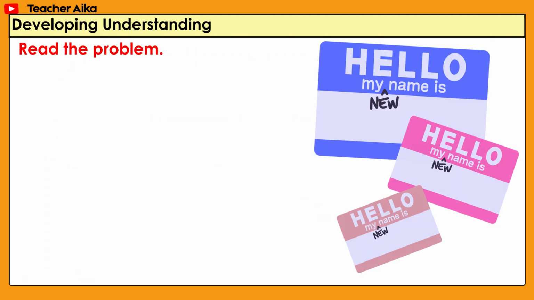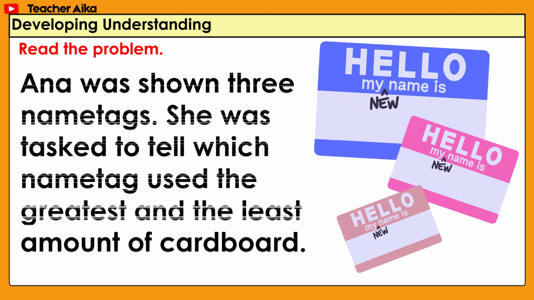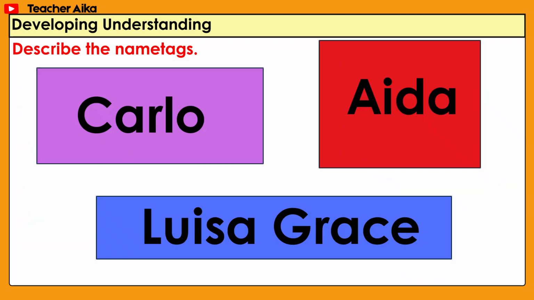Let's read and understand the problem. Anna was shown 3 name tags. She was tasked to tell which name tag used the greatest and the least amount of cardboard. Here are the name tags: Carlo, Aida, and Luisa Grace. Now, let's describe the name tags.